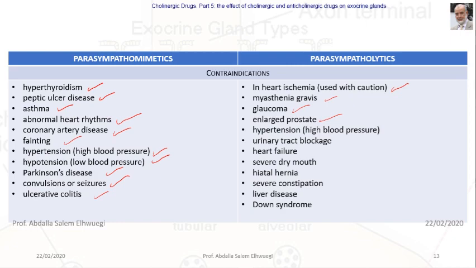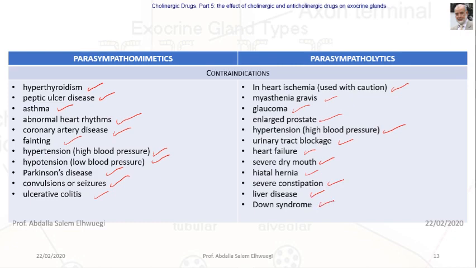They produce urinary retention. They are contraindicated in hypertension, in vesical urinary tract blockage, in heart failure, in severe dry mouth, in hiatal hernia, in severe constipation, in liver disease, and in Down's syndrome.